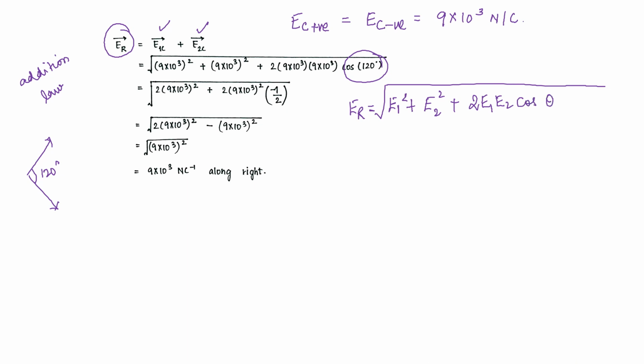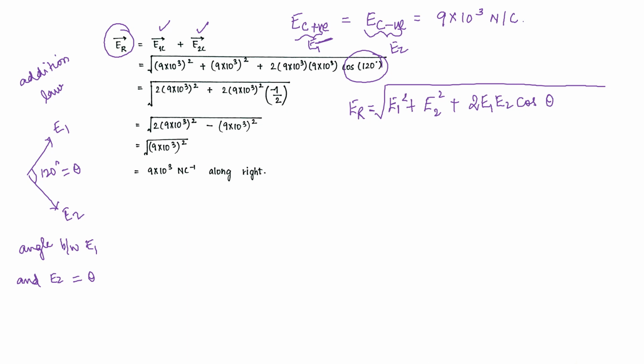So let us understand the value of all these different things. E1 is this. Okay, this is our E1, this is our E2, and what is theta? See here, the angle between E1 and E2 is theta. Okay, angle between E1 and E2 equals theta.